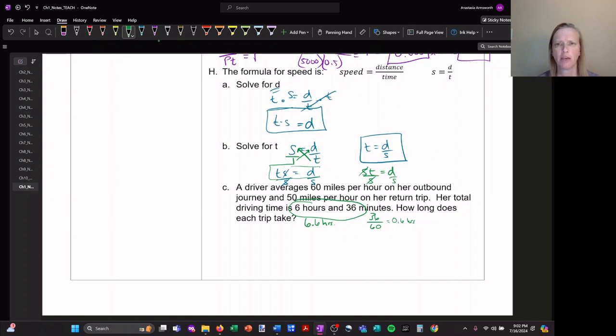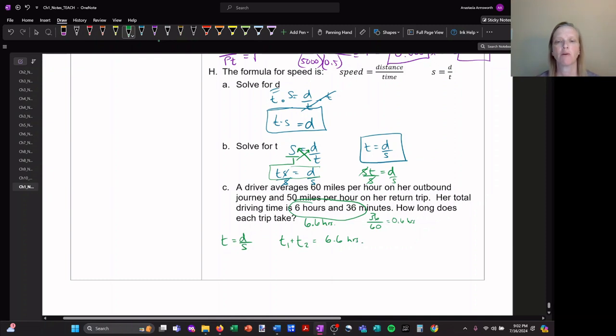So if I know that time is distance divided by speed, then I can say that her time for trip 1 and her time for trip 2, if I add them together, is going to be 6.6 hours.